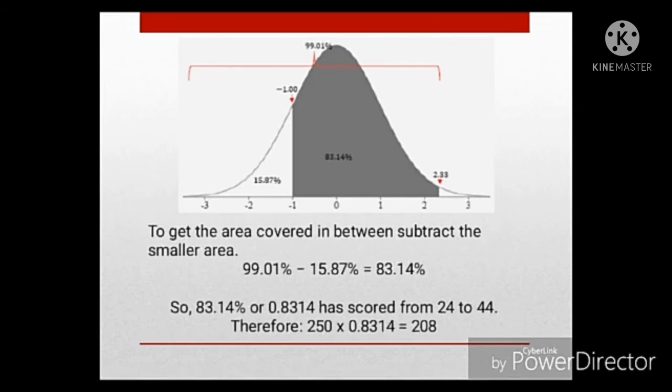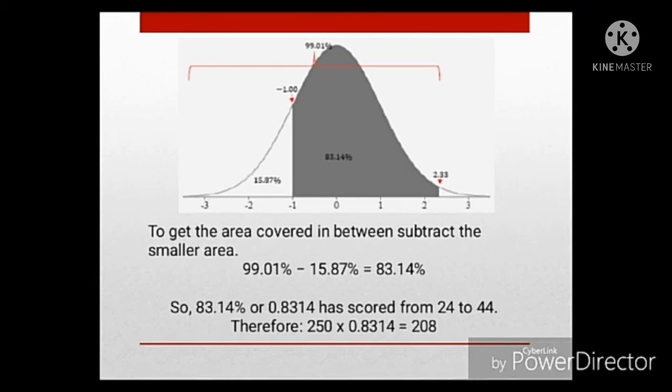To get the area covered in between, we must subtract the smaller area. So 99.01% minus 15.87% is equal to 83.14%.